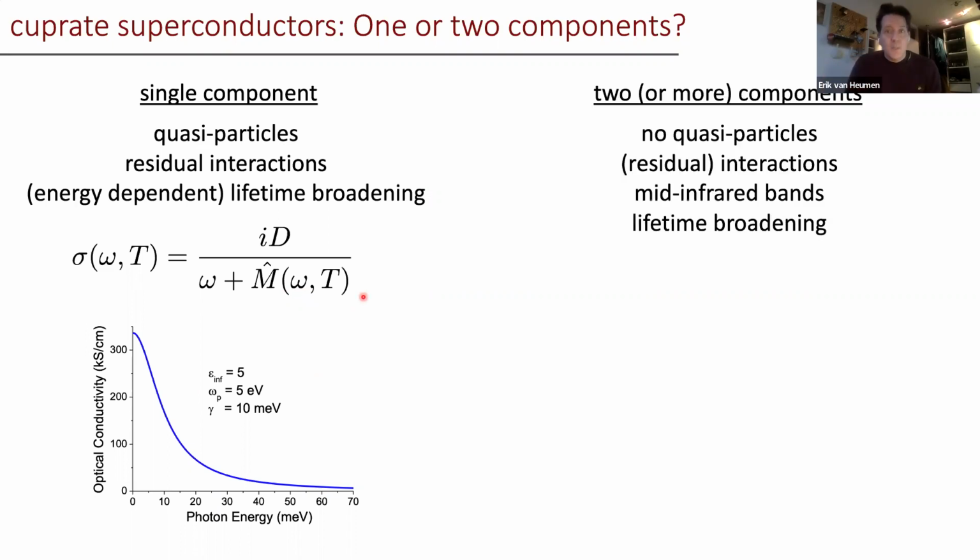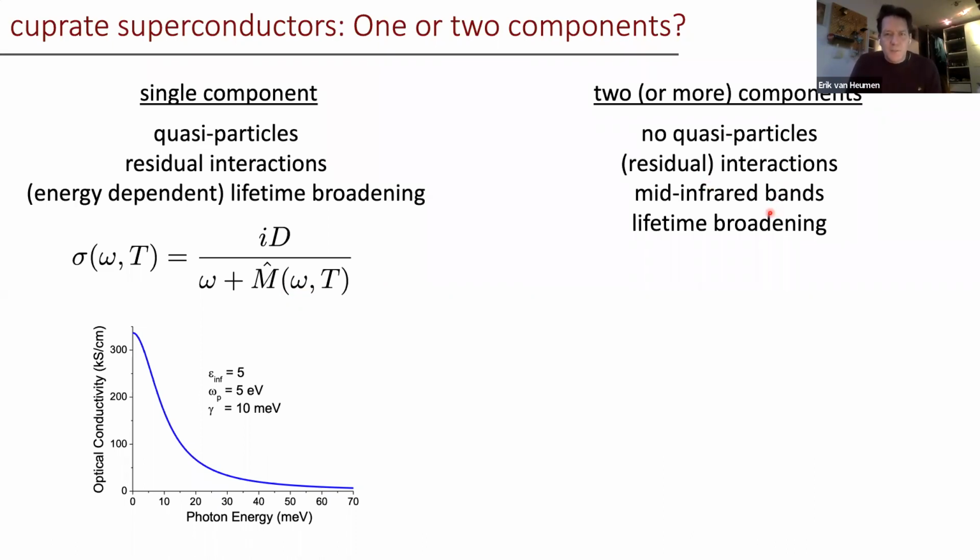And that is contrasted by this second picture, where the optical conductivity is basically believed to consist of two components. Generally, people argue that this is an indication that there are no longer quasi-particles. There are strong interactions, so that should not be residual.